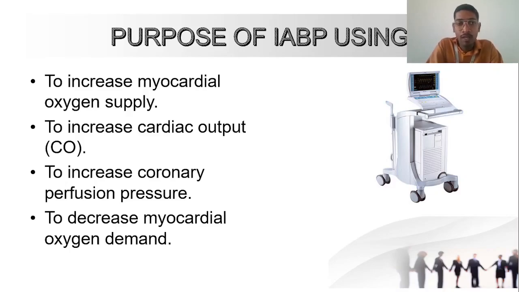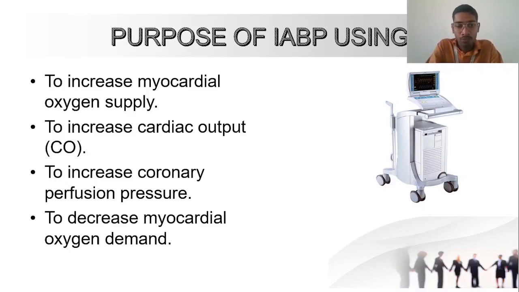For example, in myocardial ischemia the blood flow stops and necrosis forms, so there is a lack of oxygen supply. The myocardium requires oxygen supply, so we can assist it with the intra-aortic balloon pump.